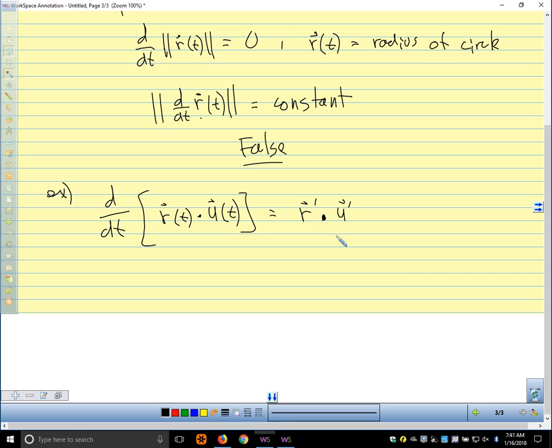What do we have to do here? We have to use a product rule. Either the product rule, or we do the dot product first and then take the derivative, which is probably easier. It depends.